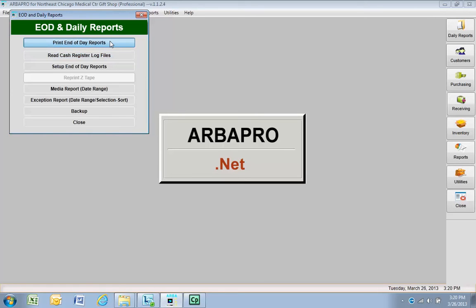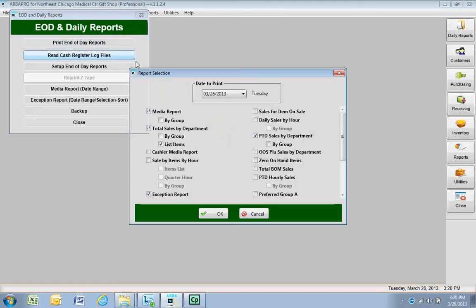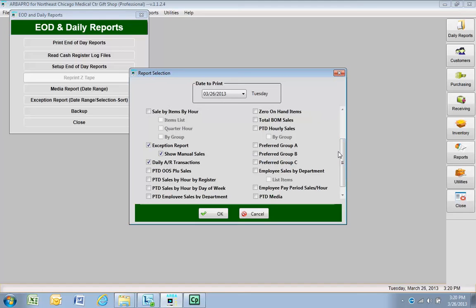Again, these end-of-day reports relate to the activities that have occurred at your cash register. It's a huge family of reports that allow you to keep your finger on the activities that are occurring out there.